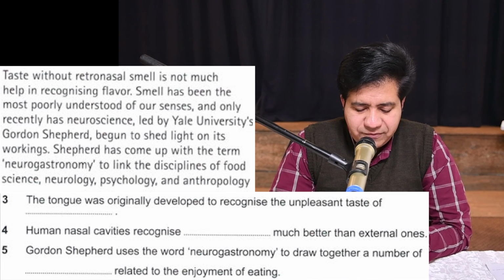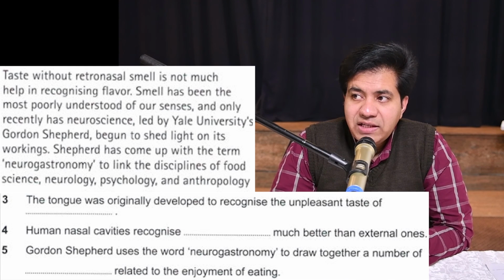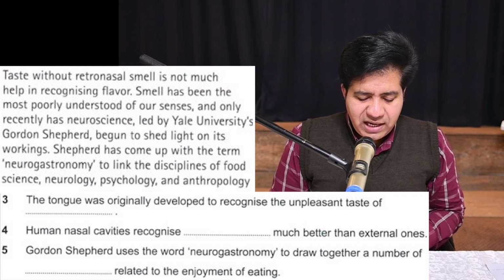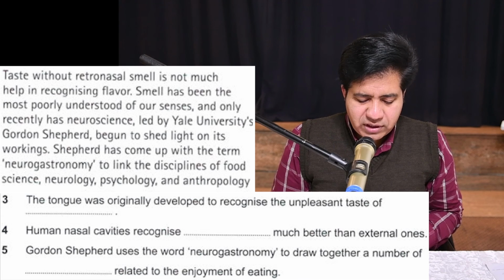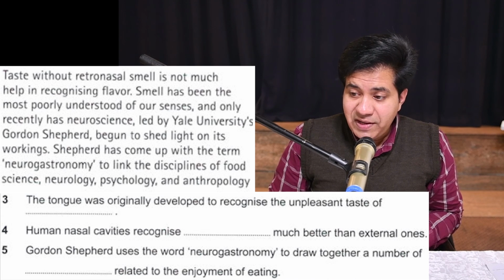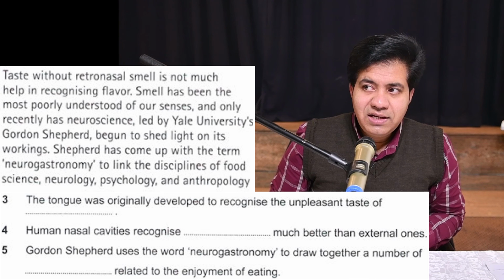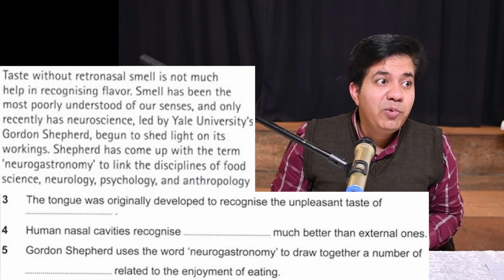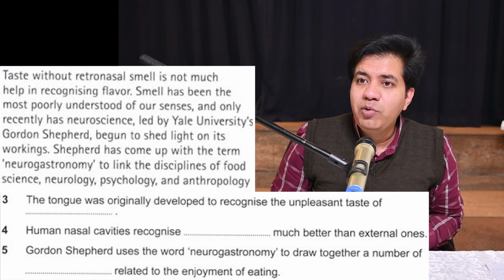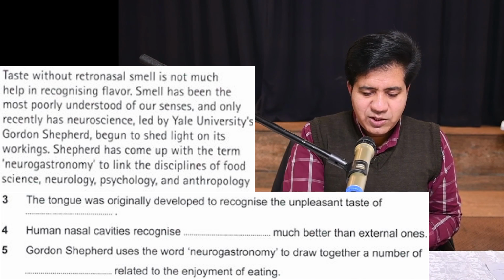Fourth paragraph, last 3 lines. Shepherd began to shed light on its working. Shepherd has come up with the term neurogastronomy to link the disciplines of food science. So what's the answer? Disciplines. Very good. Number of and a plural word. Okay, that's very good. Is that all fine?